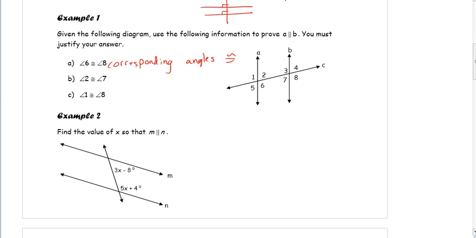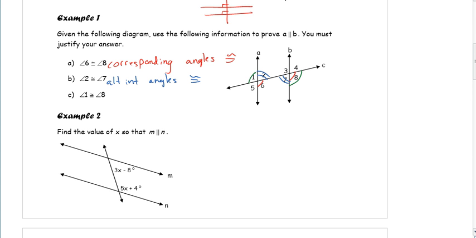If we looked at angle 2 and 7 and said that those are congruent, again, we know that A and B are parallel because alternate interior angles are congruent.